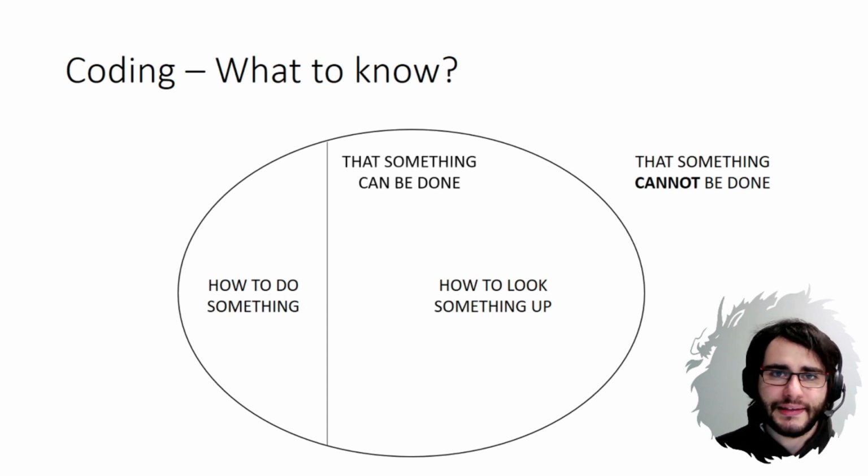Coding these days is very different from what it used to be maybe 20 years ago, when you studied a book and learned all the components, all the available functions, libraries there, and then you started doing it.